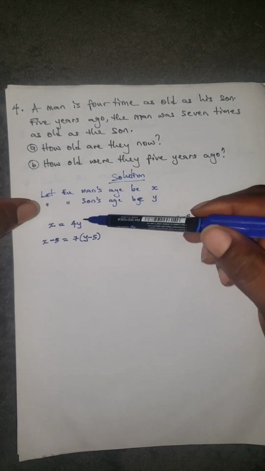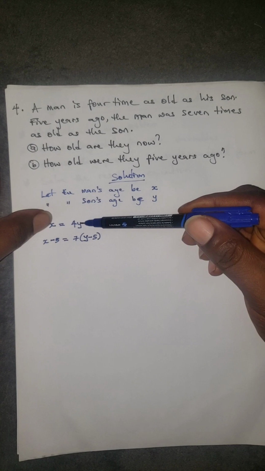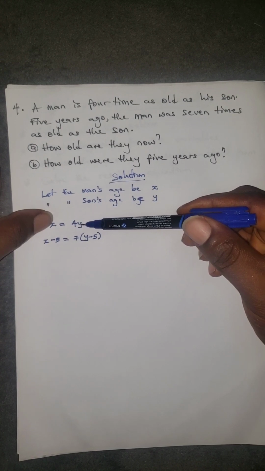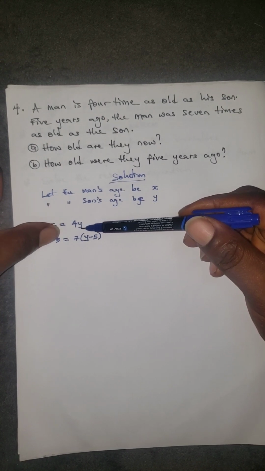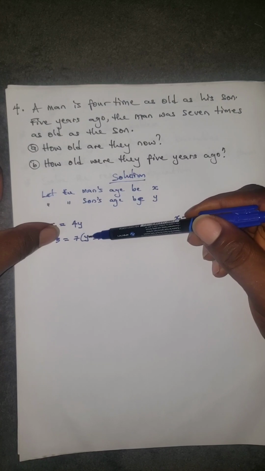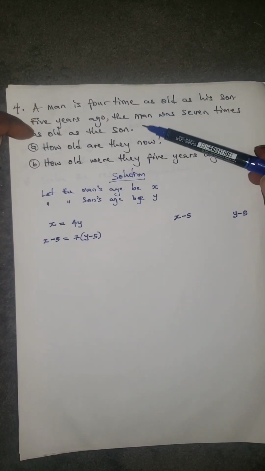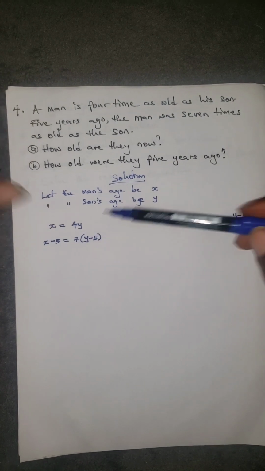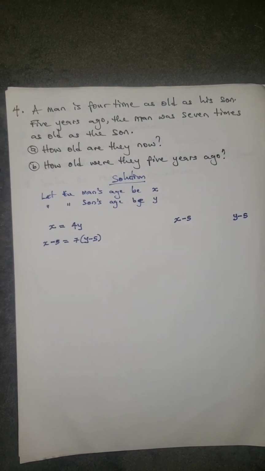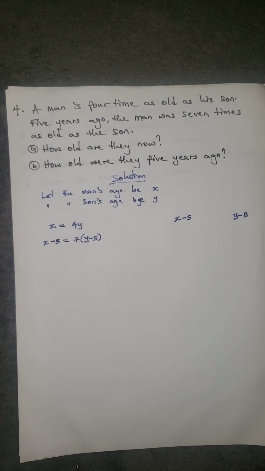So what you can see here is that X is equal to 4Y and X minus 5 equals 7 into Y minus 5. So I have expressed everything I have here in mathematical form. So the next thing now is to solve the resulting problem. Now, what are we going to do?